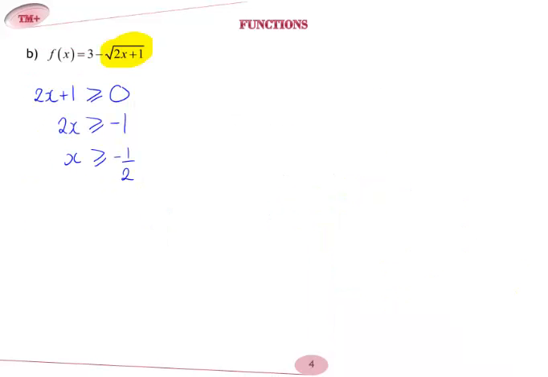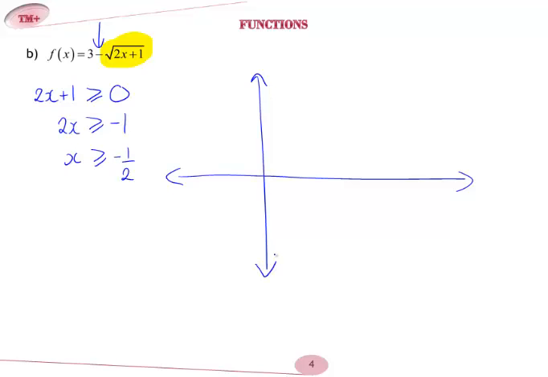When I come to the graph, I have a negative in front, so I know I'm looking at an upside down, or reflected, function. I know it's going to start at x is negative a half, but I need to know what y value that is.